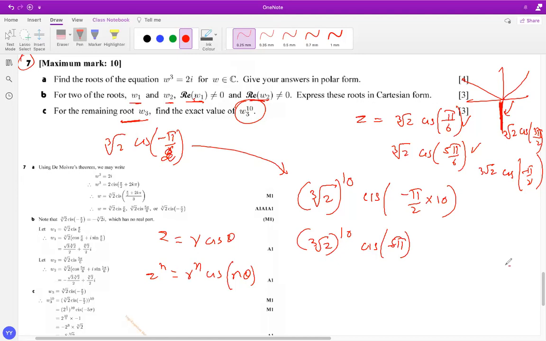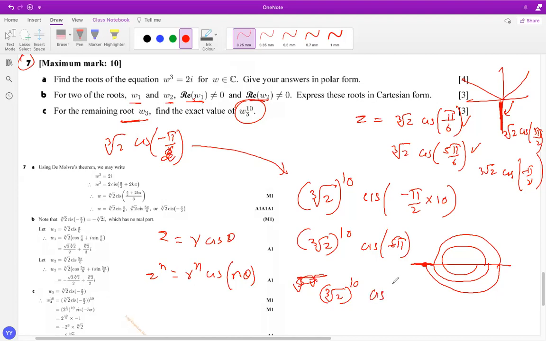Negative 5 pi is, going negative 2 pi, negative 4 pi, and then negative 5 pi here. That is basically the same as cube root of 2 to the power 10 times cis 180, which is cos pi plus i sine pi.